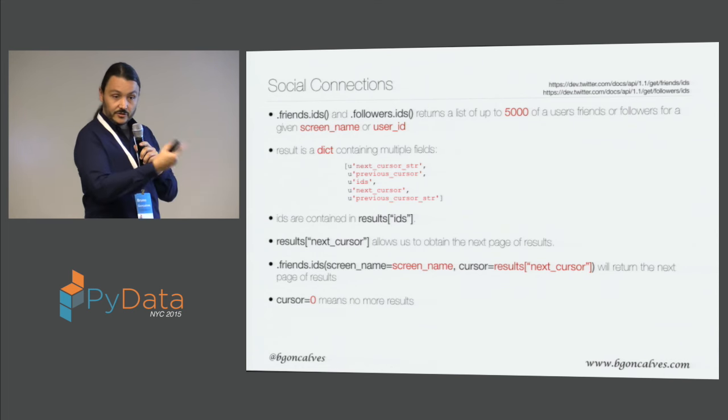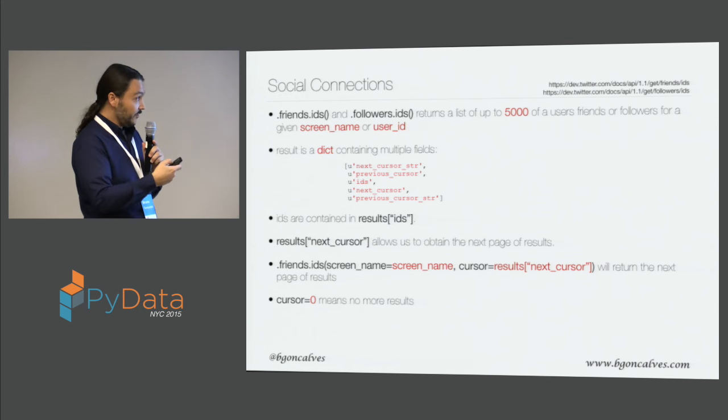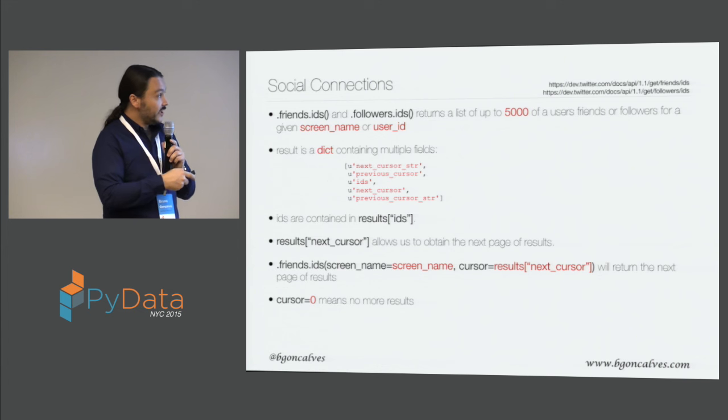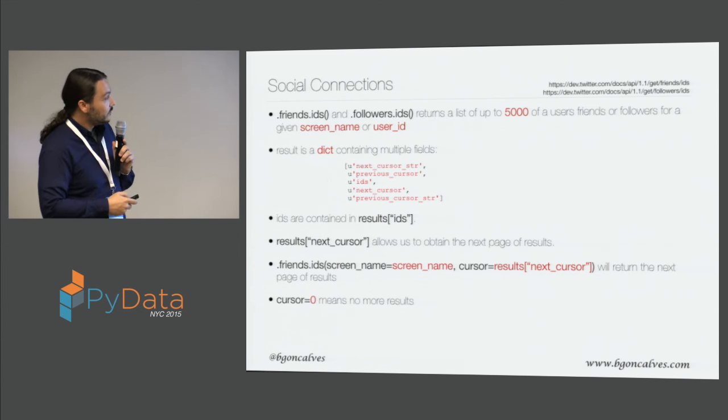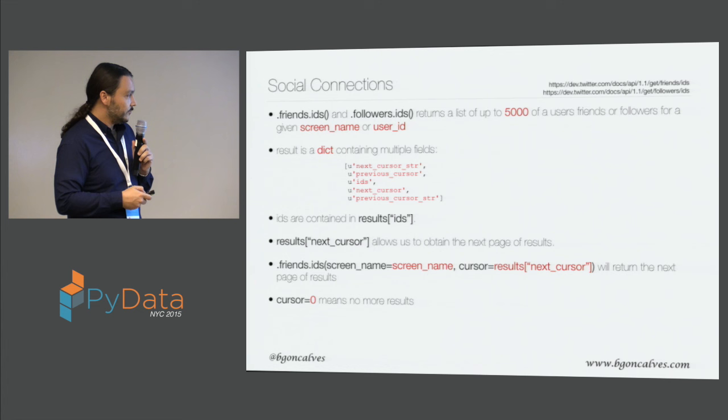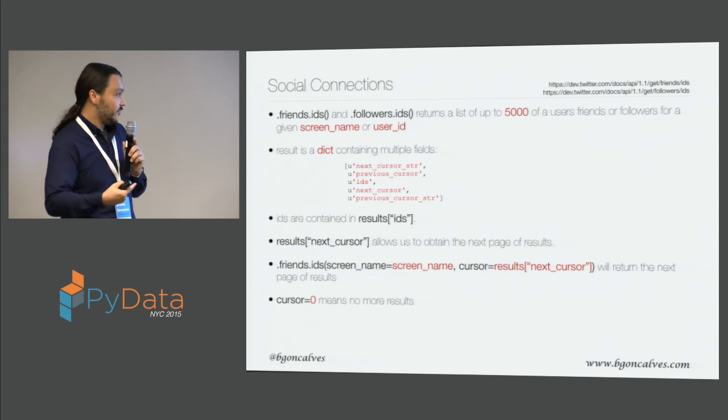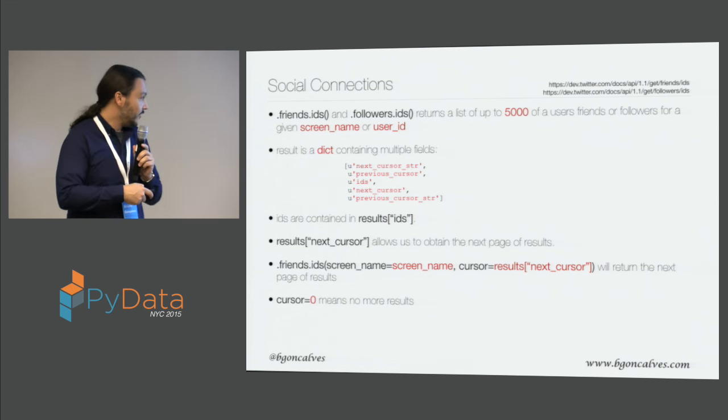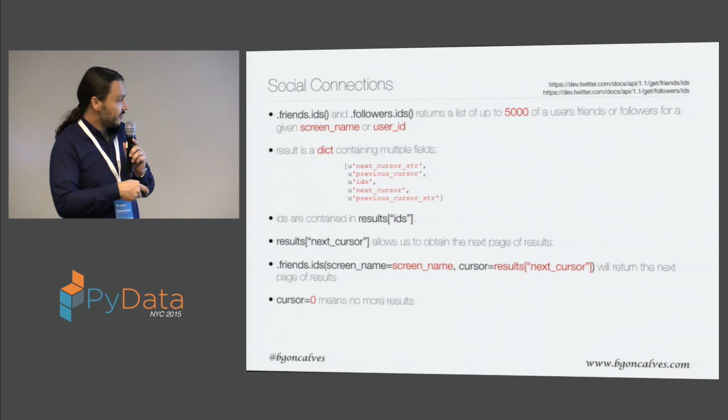If the user you're querying has more than 5,000 followers or friends, the IDs is basically the list of followers or friends, depending on which part you're querying, and the results next cursor just gives you the next page of results.